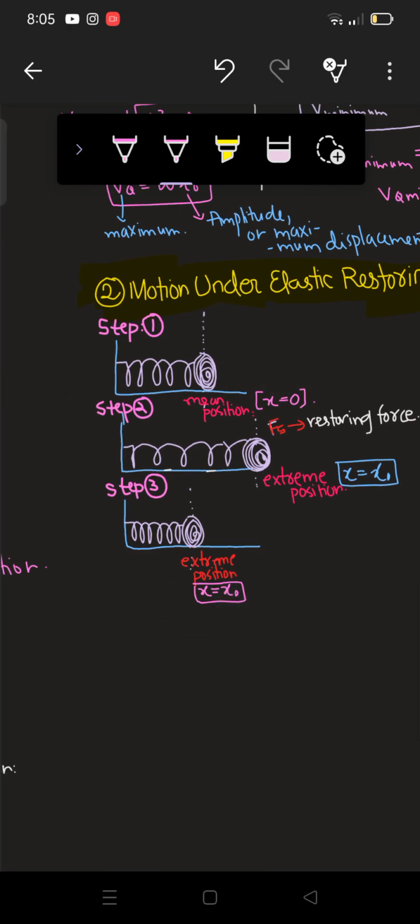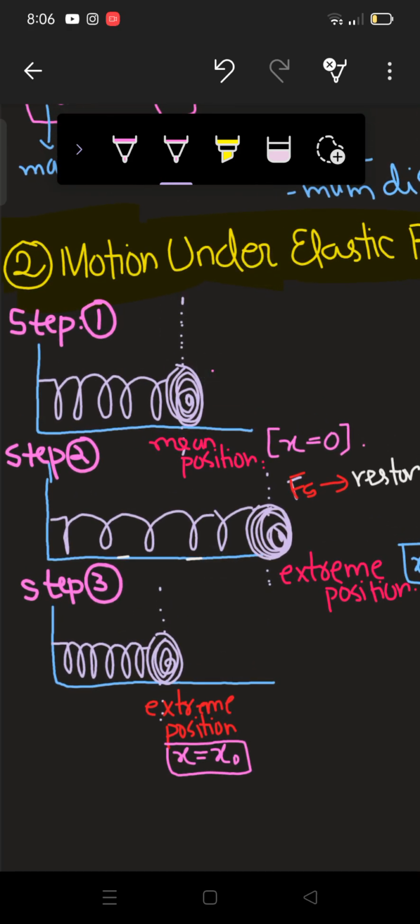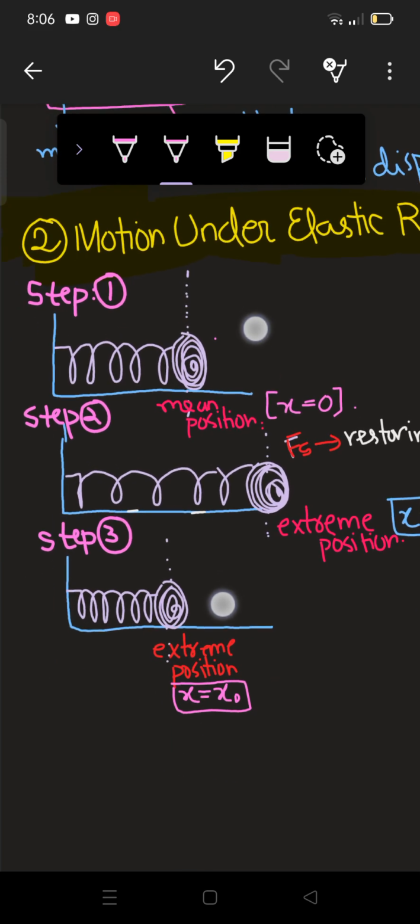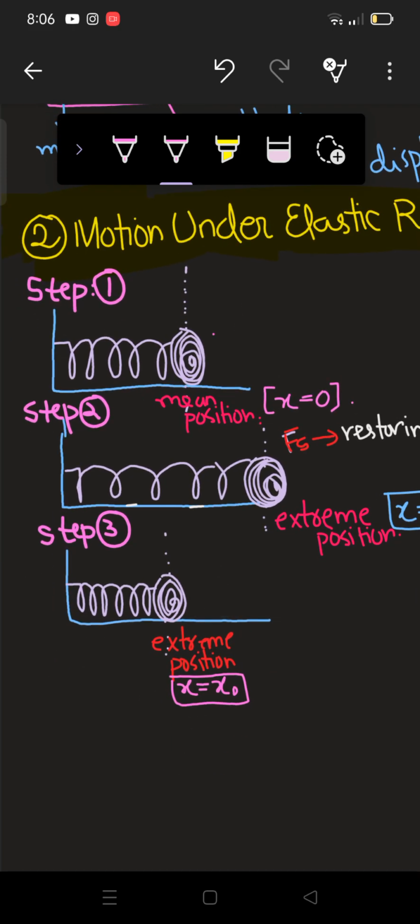Okay, so we have now made 3 steps. Understanding the mass spring system is very easy. See, in step 1, your mass is attached with a spring, which means the body is at its mean position. We are not doing anything to the body, but now we are going to stretch it. This was its limit to which we can stretch, so this is its extreme position.